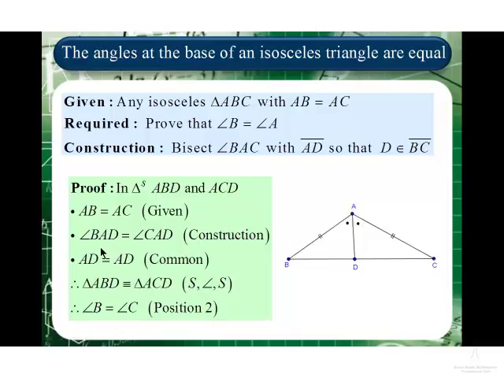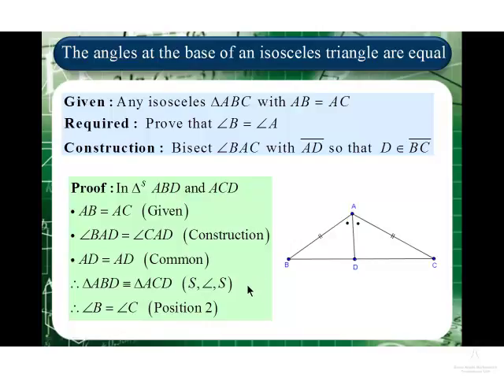We also have that angle BAD is the same size as angle CAD. These were generated by construction, so we constructed AD for these two angles to be the same. Furthermore, the side AD is common for both triangles ABD and ACD. This is a common side for these two triangles.